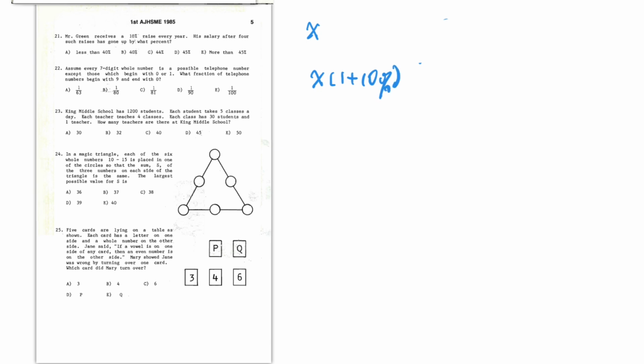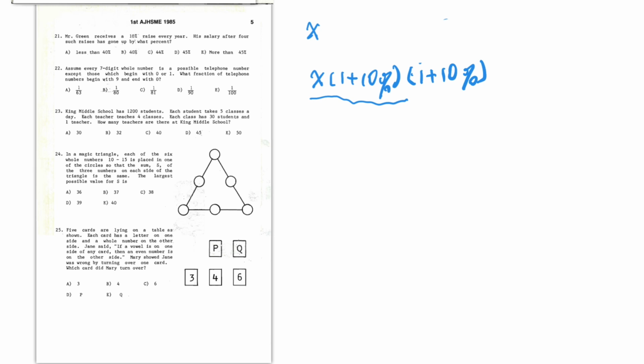Next year, raise another 10% based on this, X times 1 plus 10%, not based on X. So we multiply by 1 plus 10%.